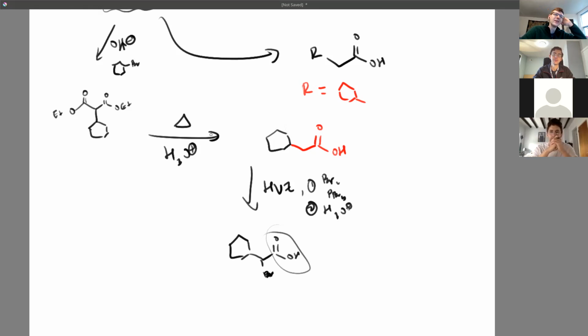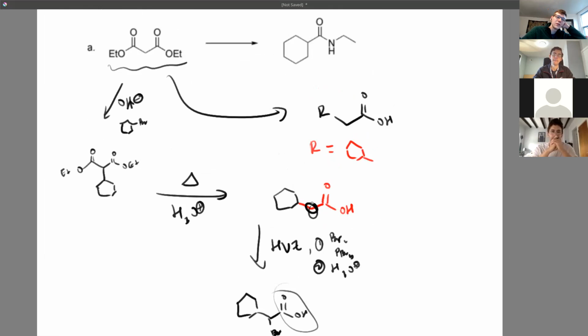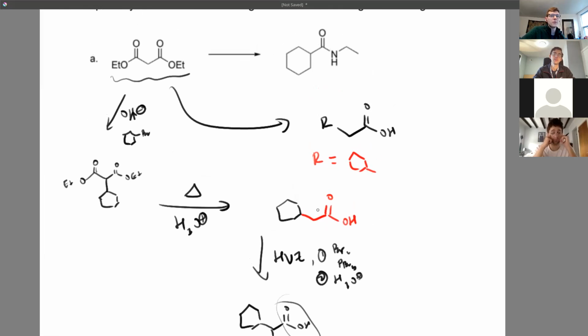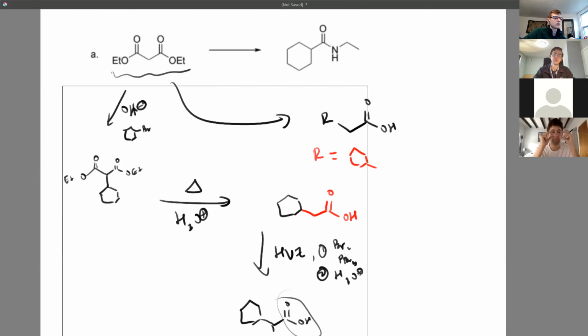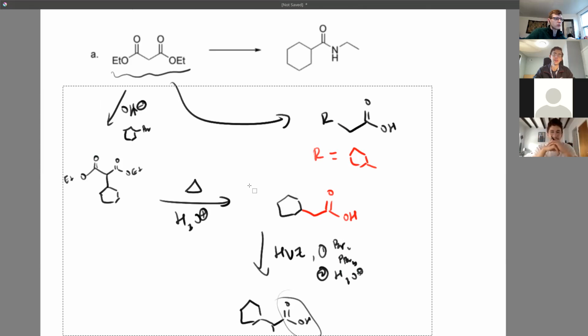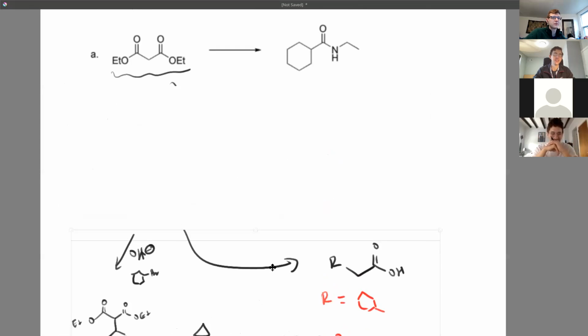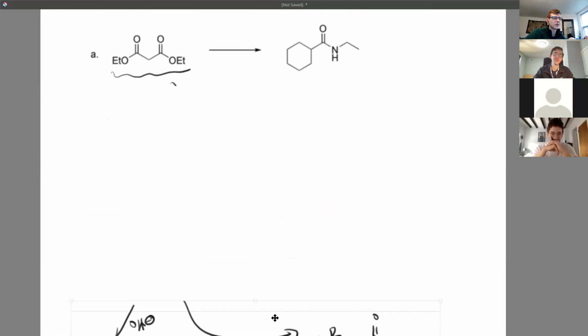Well, getting rid of this carbon is a lot of work. So maybe we'll want to try a different approach. Just not do malonic acid, or use a different approach for the malonic acid.